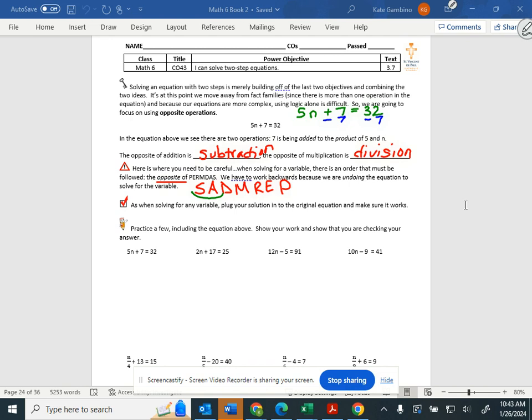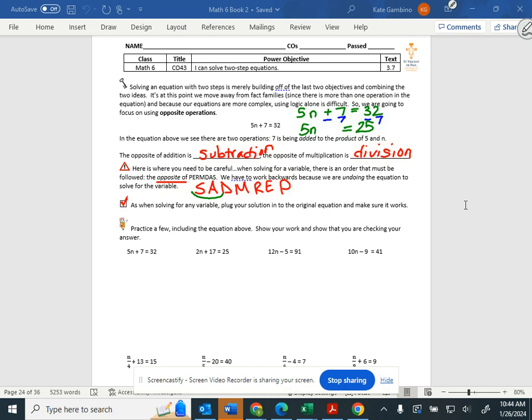So that gives us 5n plus 7 minus 7, which on that number line brings us to 0. So we don't have to write that again. We just have 5n equals, what's 32 minus 7? 25. So now we have 5n equals 25.